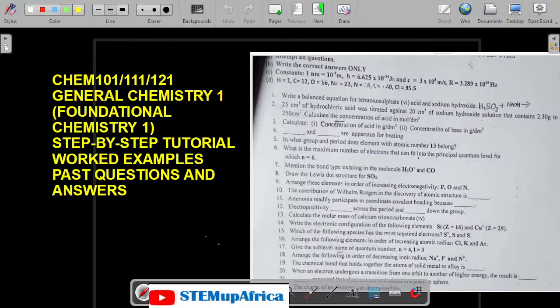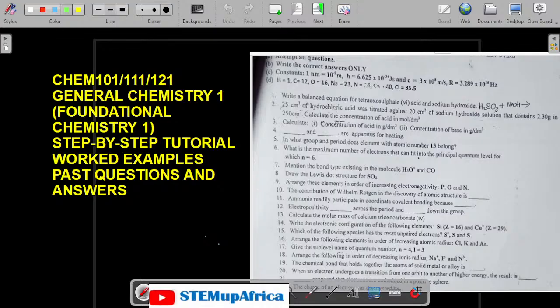Okay, question 4. Dash and dash are apparatus for heating. These are common things we use in laboratories. Maybe you want to heat something to dryness, or to combust a particular compound, or to decompose a particular compound. We use our crucible, which is where we put the salt.